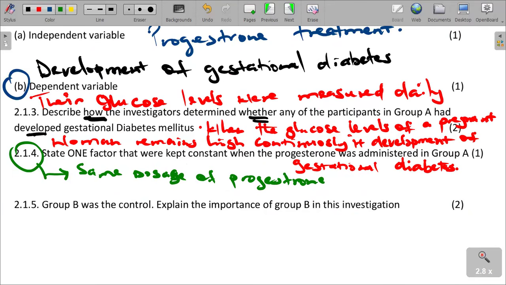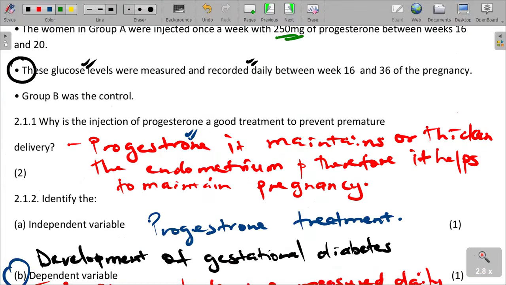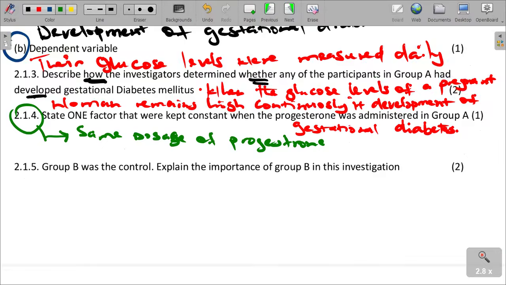And then we can also talk about the same period of time for injection, because from this context, it is given that it was given between weeks 16 and 20, which also shows that it was kept constant. So same period of injection.